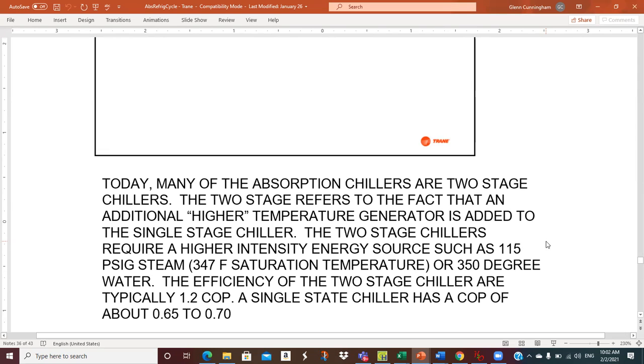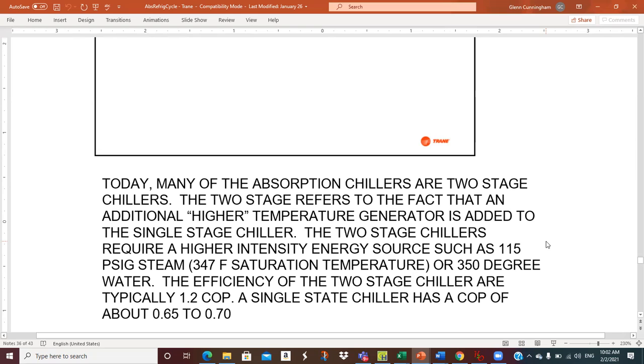And so absorbers are not to be used just every place. It has to be kind of a special situation, as we'll see. Now, the single stage unit only needs 195 to 230 or so degrees Fahrenheit input to drive the cycle.